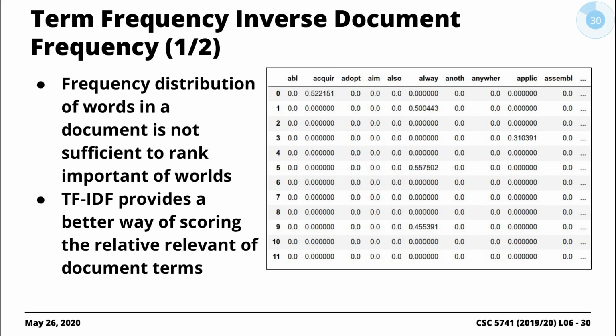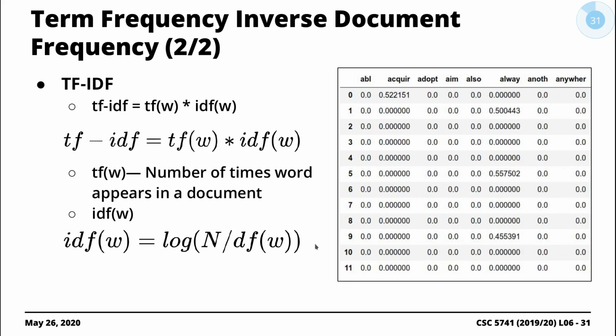The term frequency is nothing more than the number of occurrences of a particular word in that document, right? And by the way, this TF-IDF is computed for each word in each document. So the TF-IDF value for the word always would have to be computed for document 0.